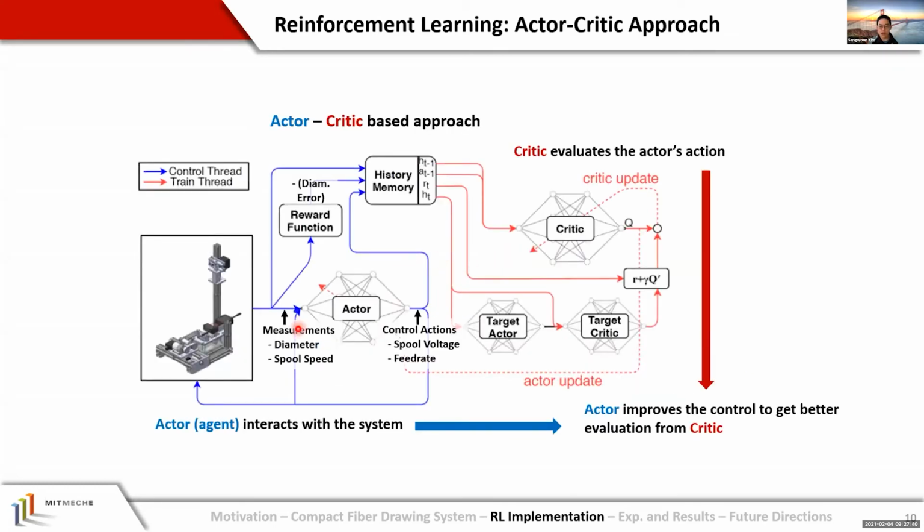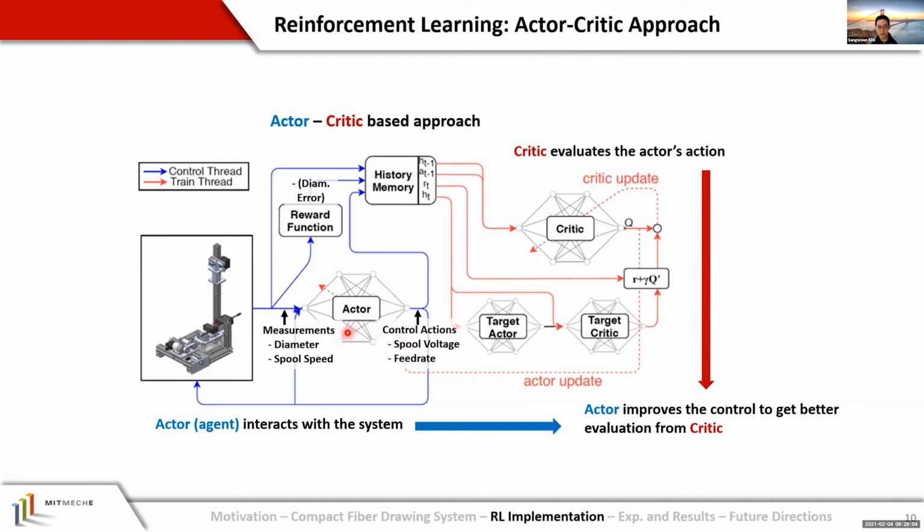Now we know the basic idea of reinforcement learning. So let's dig into more details. This is the overview of how our algorithm looks. We use a specific approach called actor-critic. As the name suggests, it uses two components called the actor and the critic.